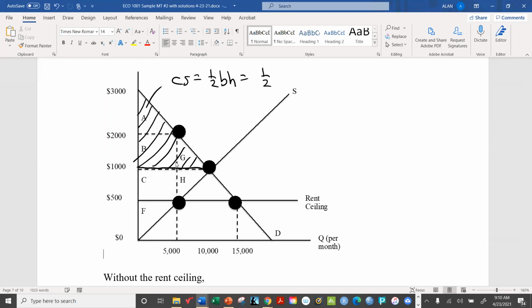So the base is up to 10,000. Remember, there's 10,000 units being rented in equilibrium. The height is right here. All right, so what does that work out to be? 5,000 times 2,000 is 10 million.